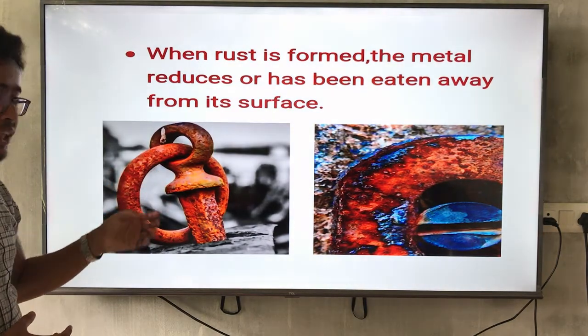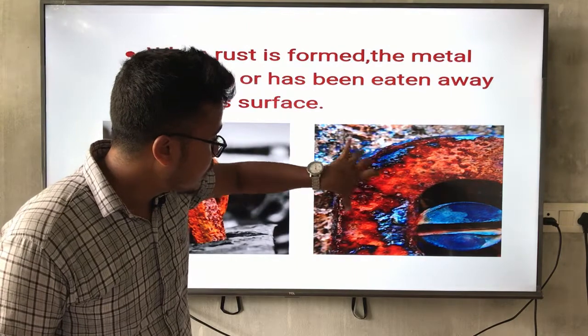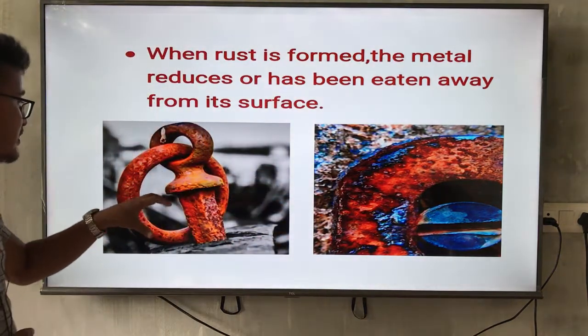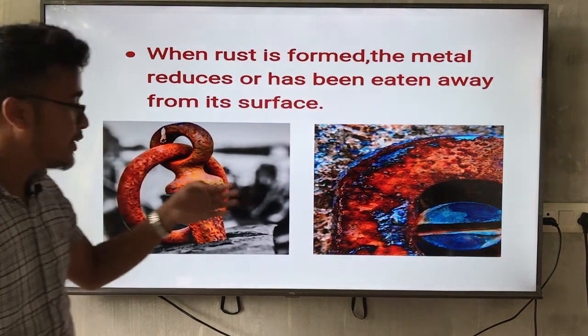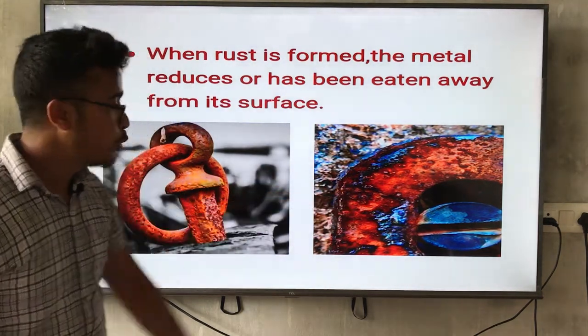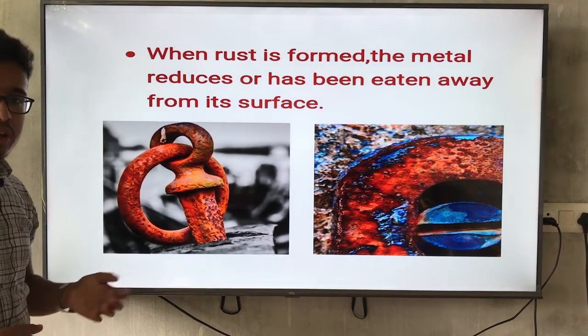Here is the destroying of metal. The size of this metal is also reduced. Same case here also. So rust will reduce the size of metal.